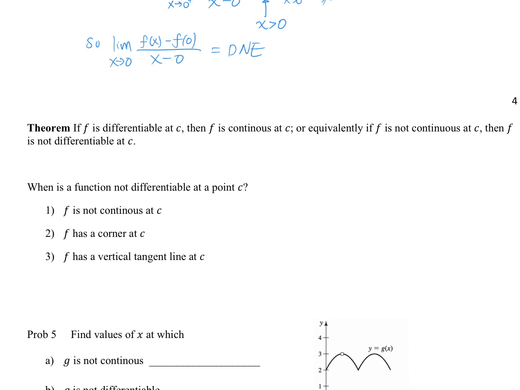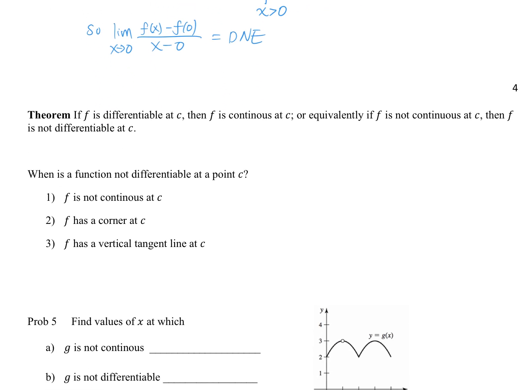So here's the theorem before we conclude this section. If f is differentiable at c, then f is continuous at c. Its equivalent statement is: if f is not continuous at c, then f is not differentiable at c. So in summary, when is a function not differentiable at the point c?